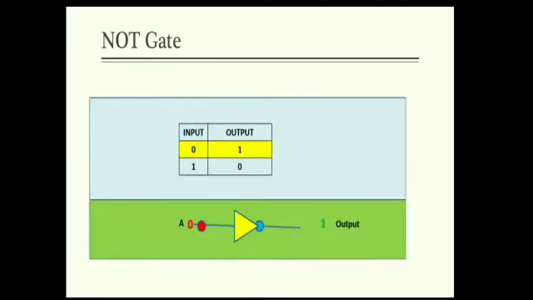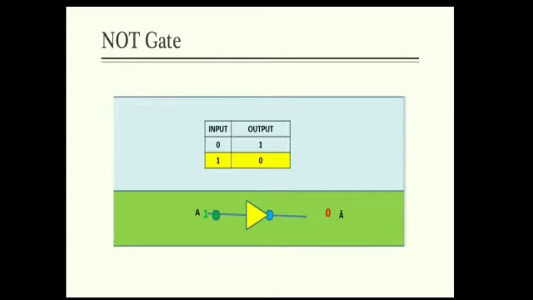The symbol for the NOT gate is a triangle in which there is only one input and one output. If the input is 0, the output is 1; if the input is 1, the output is zero. That is the inverse of the input, and that's why it is known as the inverter gate.